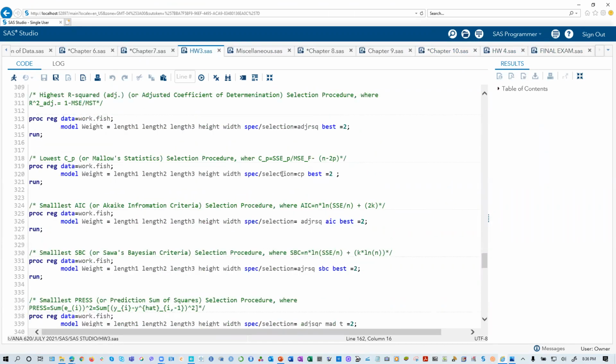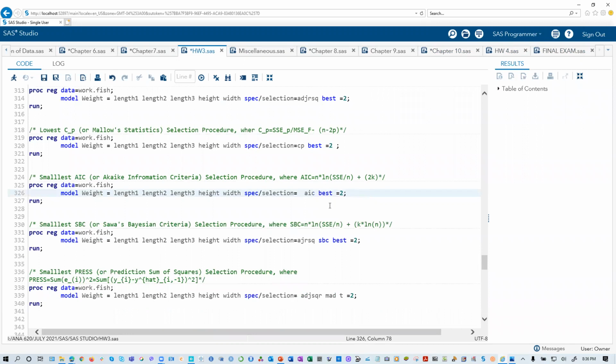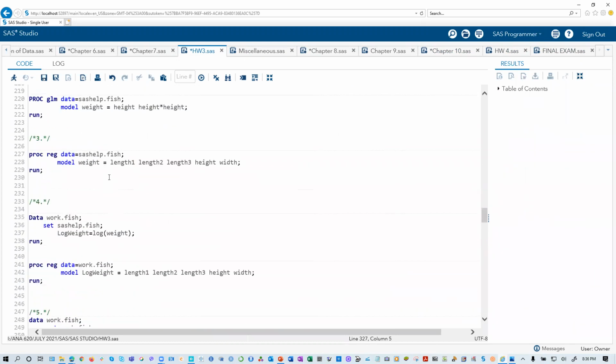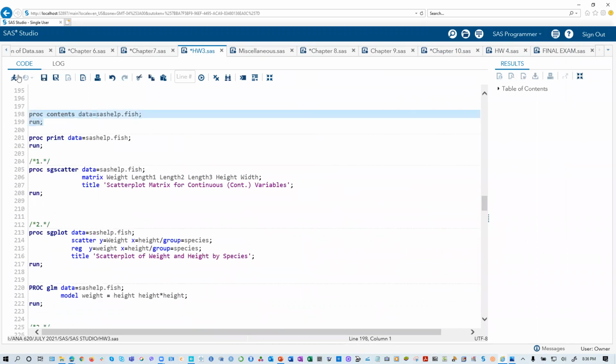Mallows worked, but the Akaike cannot run. Look at what's going to happen. This is exactly what happened yesterday. I was trying to run the Akaike information criteria for this one. Let me run this. Get the data first, the fish data.